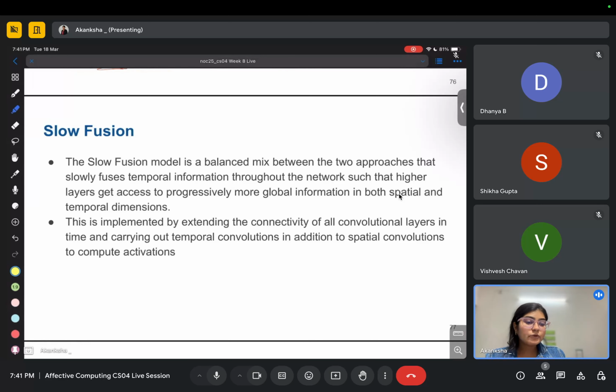Slow fusion combines the benefits of both. It has a lesser requirement for synchronization, since it combines the information from both modalities at some intermediate stage, whereas it is also able to capture the correlations.